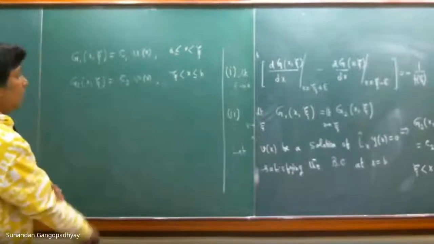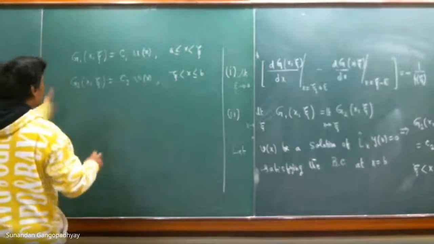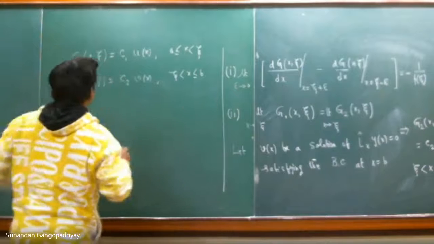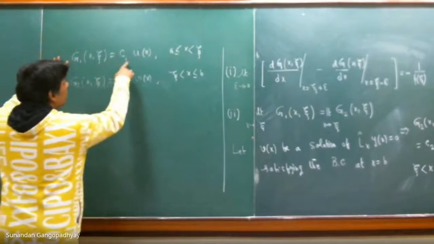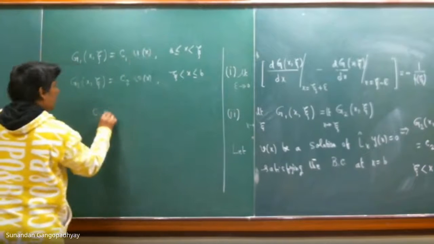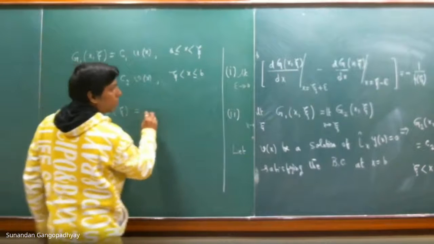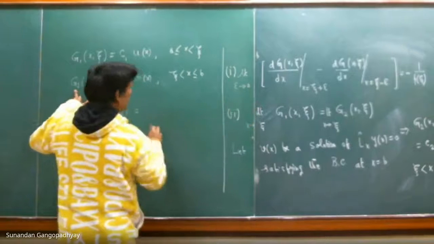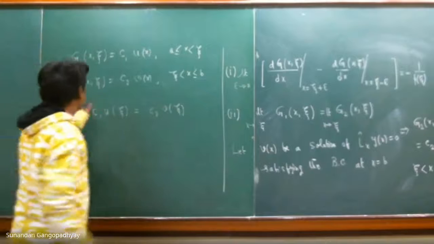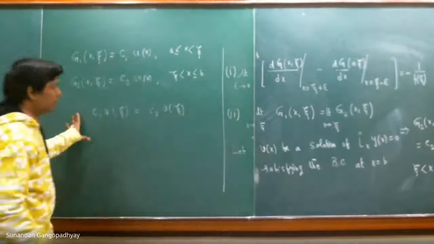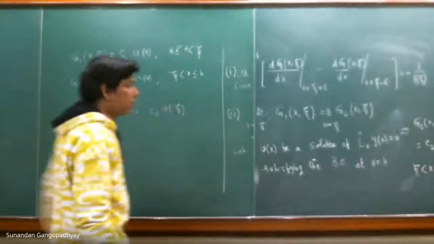Okay, so let us take this condition. It says that at x is equal to xi, the two things are equal. Therefore, g1 at x is equal to xi is c1 u of xi, so c1 u of xi must be equal to c2 v of xi. So this follows from the fact that g1 and g2 have the same value at x is equal to xi.